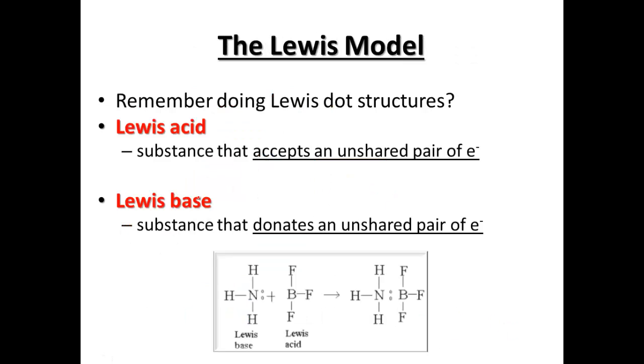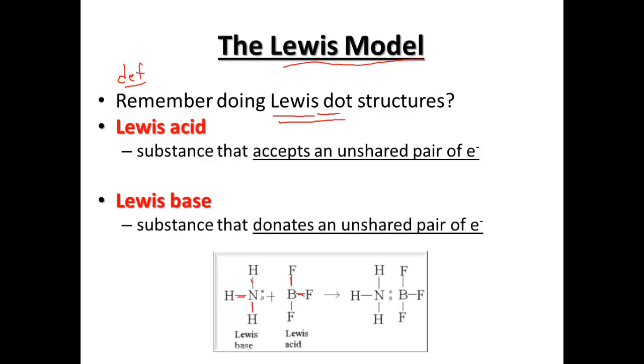And the last one, the Lewis model, comes from linking back to our Lewis dot structures. All you need to know is the definition. Lewis acids are going to accept an unshared pair of electrons. If you have a Lewis dot structure like NH3, we would have a lone pair of electrons around that nitrogen.